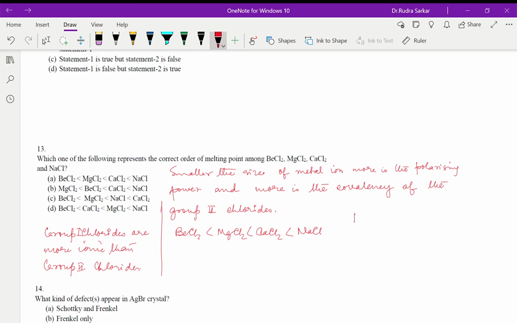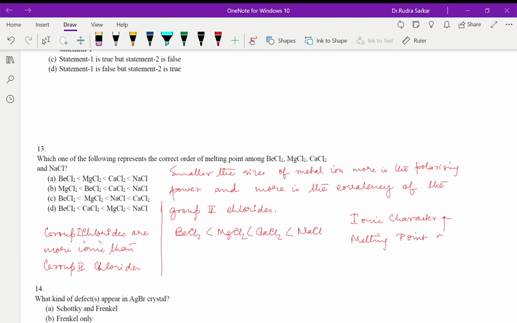So ionic character increases, melting point increases.